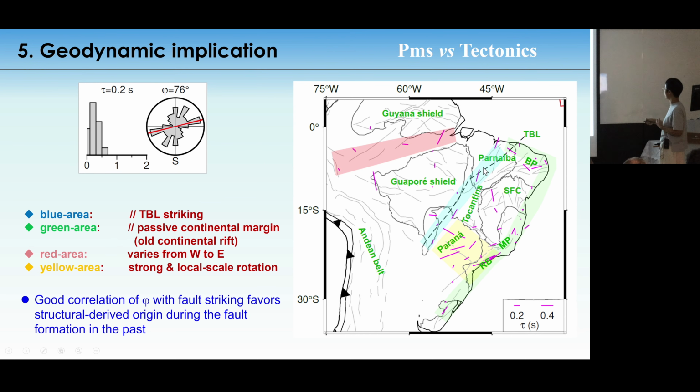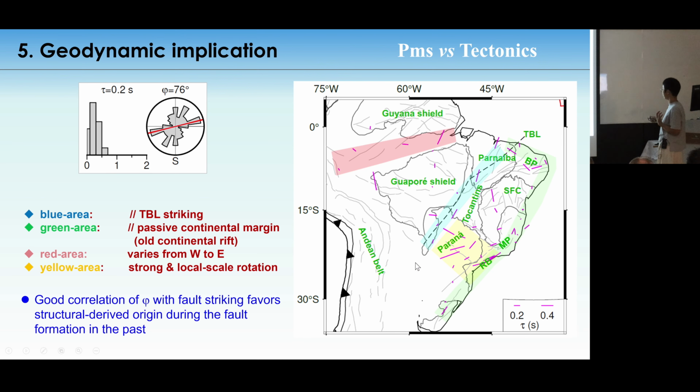For most of the features, we found that there is a good correlation of phi with fault striking, and most of the faults here, indicated by the gray lines, are from the tectonics of South America, and most of these faults or lineaments were formed in the Mesozoic in the past.